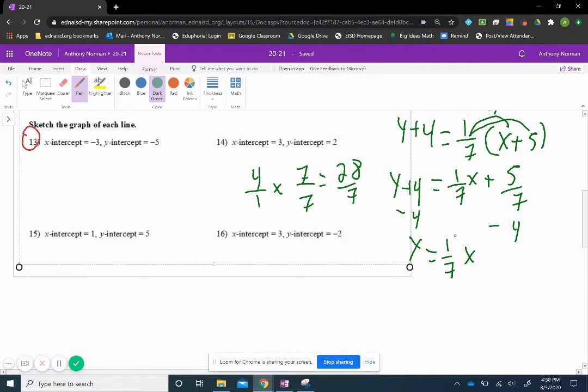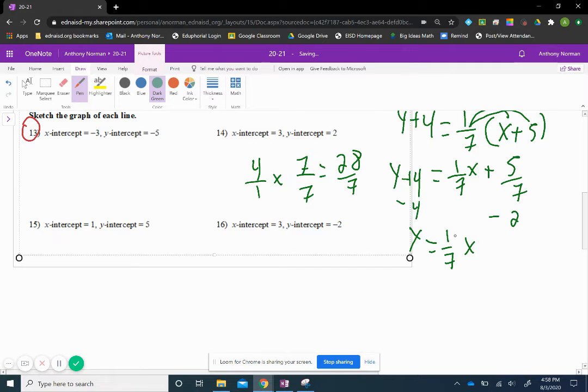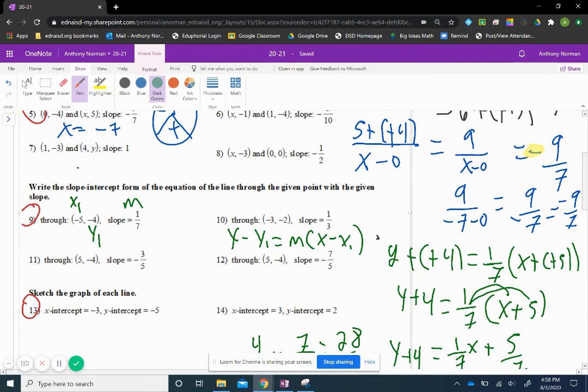So we can replace this with 28 over 7. 5 minus 28 gives us a negative 23 over 7. And this is our final answer. It looks ugly, but it'll work. y equals x over 7, which is the same thing as 1 over 7x, minus 23 over 7.